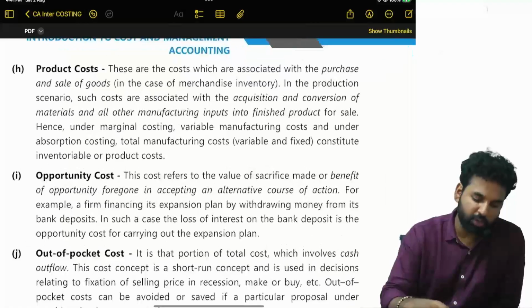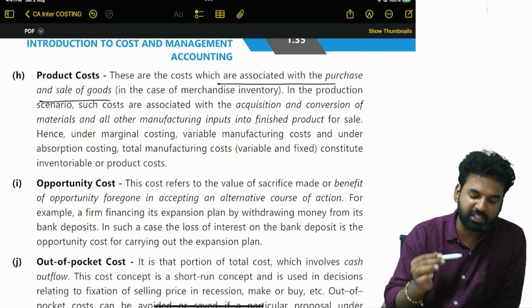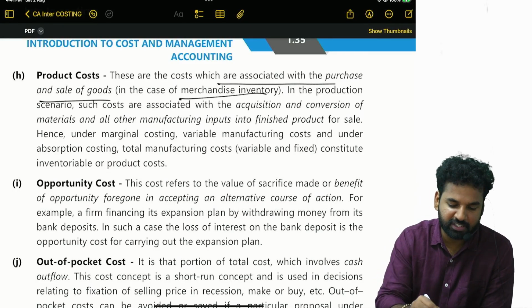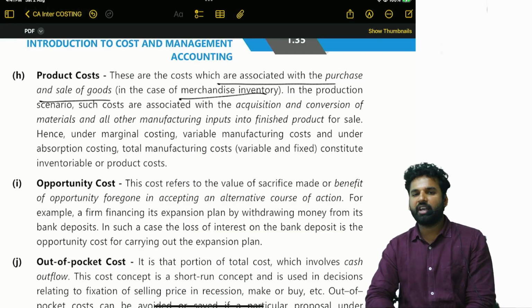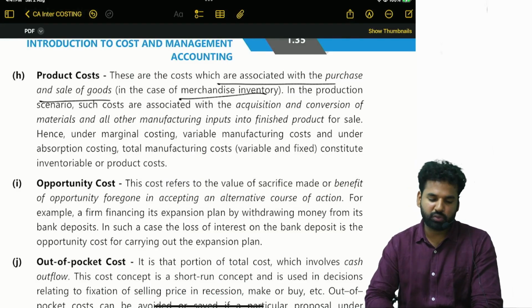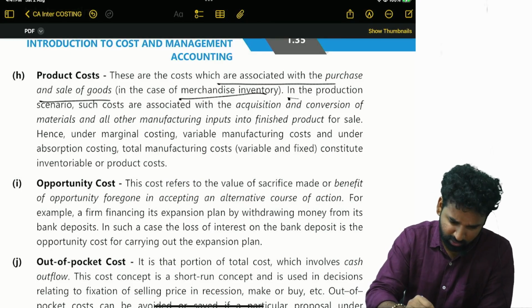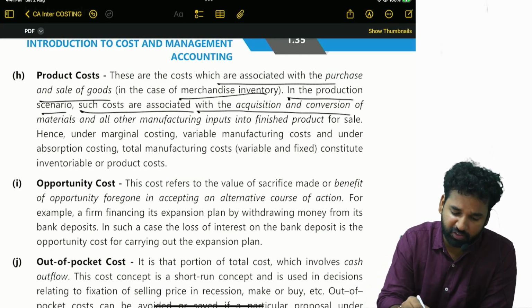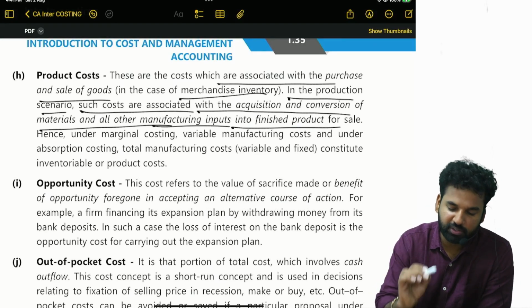Next, product cost. These are the costs which are associated with the purchase and sale of goods. In case of merchandise inventory, that means trading, the cost associated with purchase and sale of goods. In a production scenario, such costs are associated with acquisition and conversion of material and all other manufacturing inputs into finished product for sale.